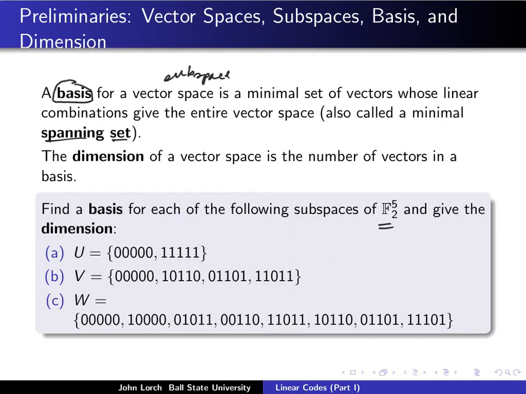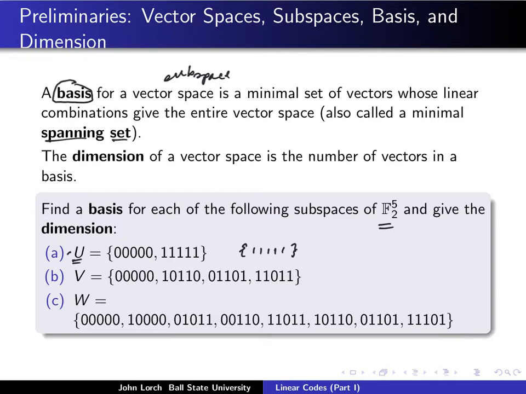Okay, so here first we have this U, which is indeed a subspace, and the basis for this thing just consists of 1, 1, 1, 1, 1, that single string, right? Because if you take all sums and scalar multiples of that single vector, you wind up exactly with this set U.